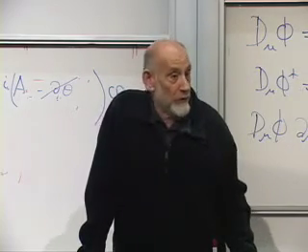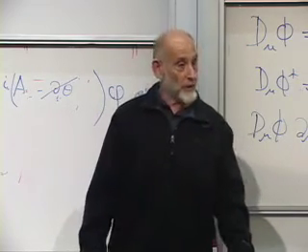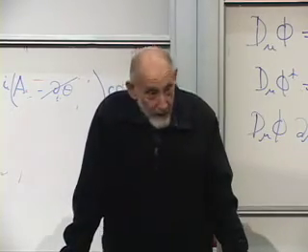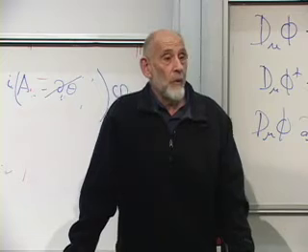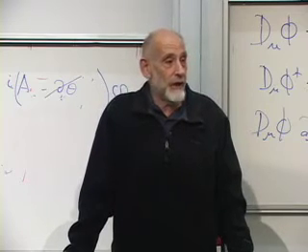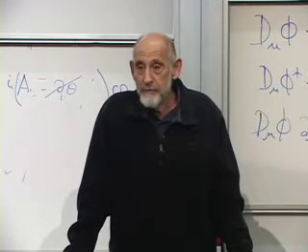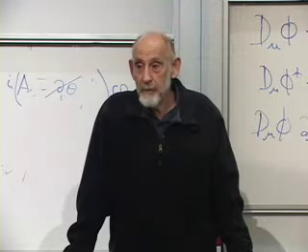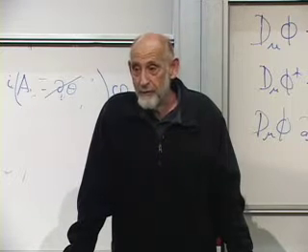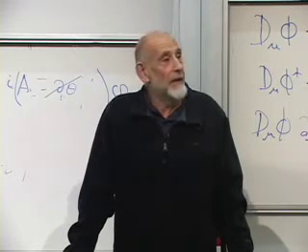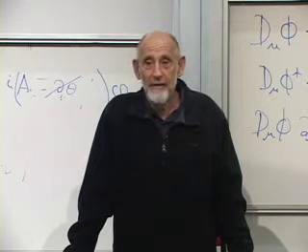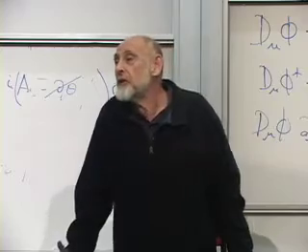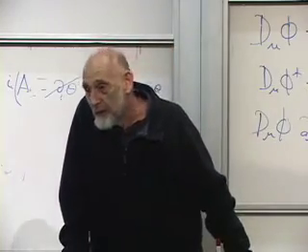Now, the vector potential is really the thing out of which you create the electric and magnetic fields. Anybody know what the Lagrangian for the electromagnetic field is? Anybody know what the energy for the electromagnetic field is? E squared plus B squared. How about the Lagrangian? It's E squared minus B squared.